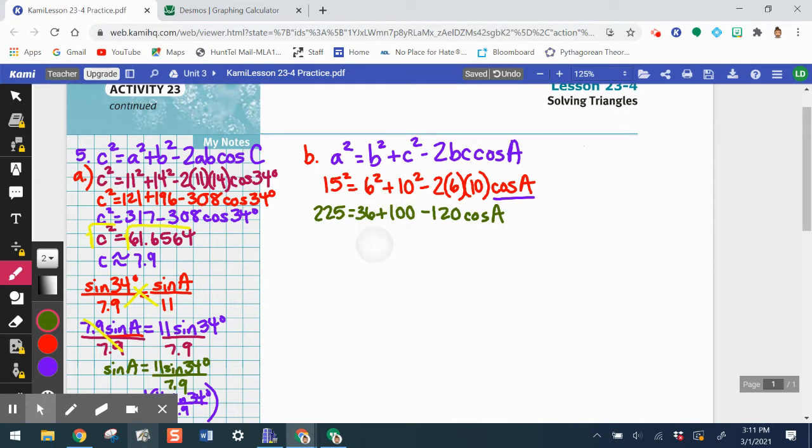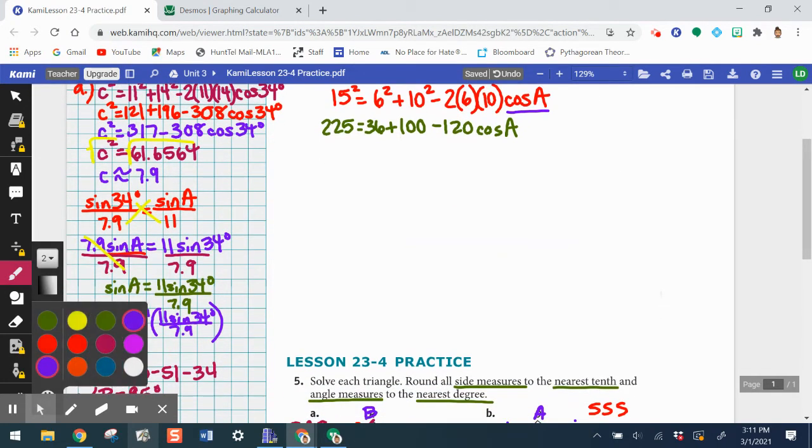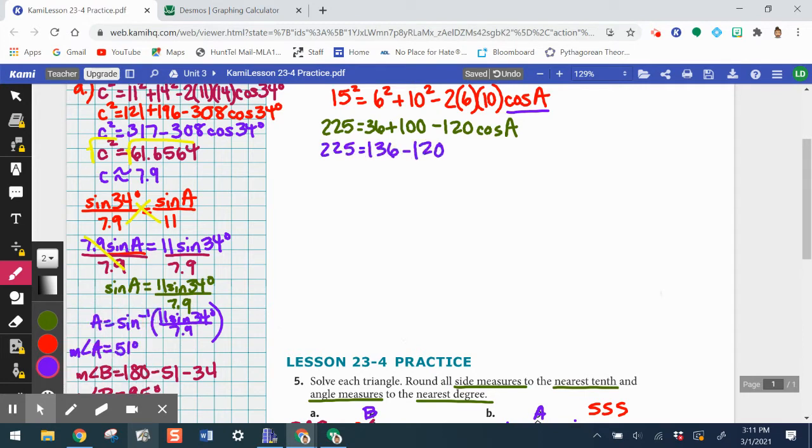So we can add these two here. So we get 225 equals 136 minus 120 times the cosine of A.